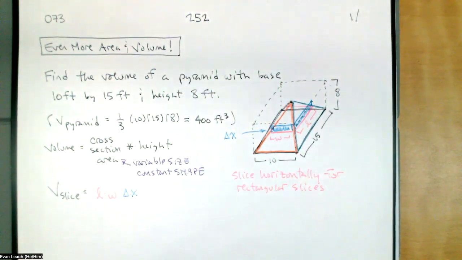So now our job is to write that length and the width as a function of some height, either the height above the base or the height from the top of the pyramid. Or if you know how I run a class at all, both. To define our X, let's look at two different views of this pyramid.